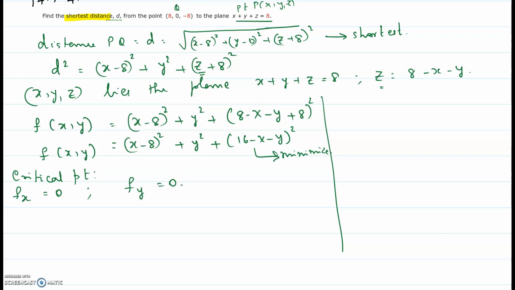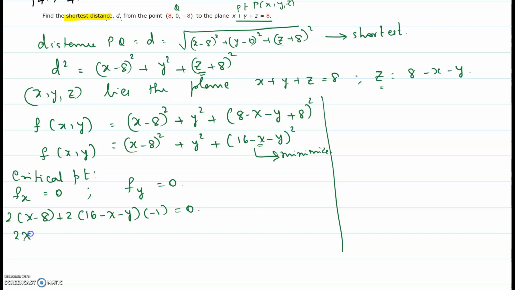So the partial derivative with respect to x is 2 times (x - 8) plus 2 times (16 - x - y) times the derivative of the inside, that is the derivative of negative x, which will be negative 1, equal to 0.